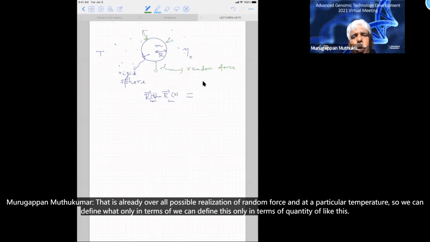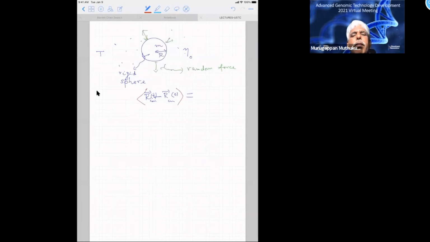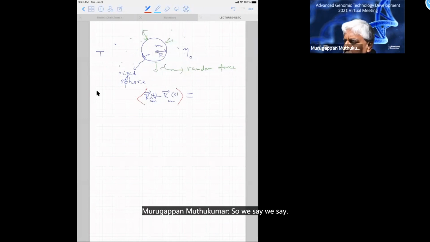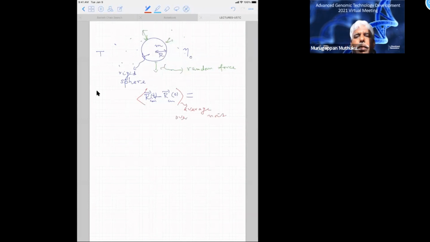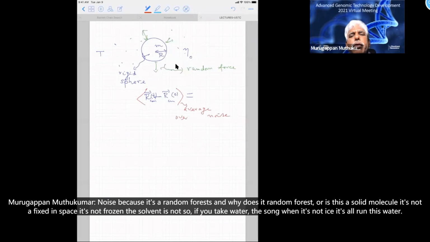That is, an average over all possible realizations of the random force at a particular temperature. So we can define this only in terms of quantities like this average. So we say average over noise. We say noise because it's a random force.